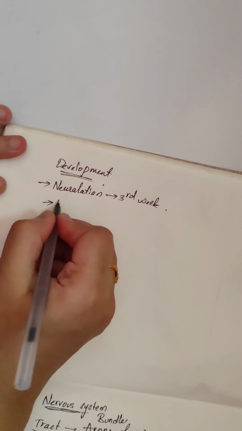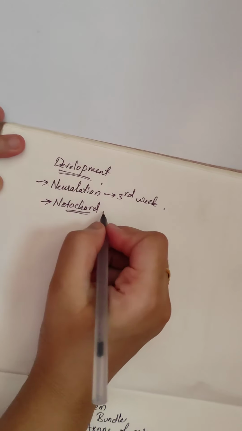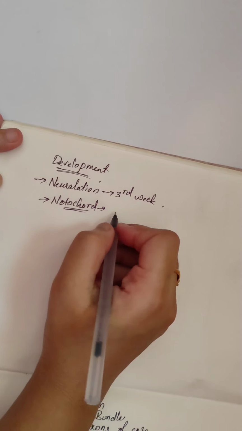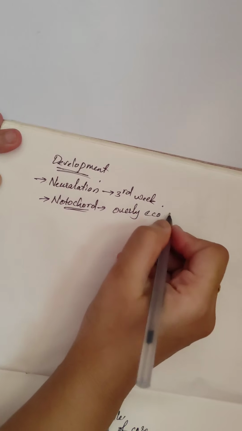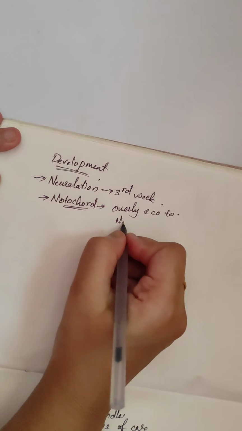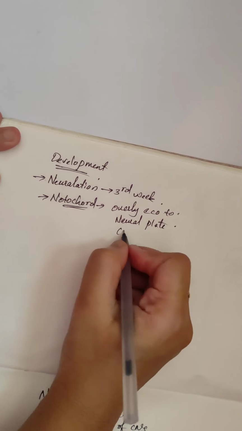And we also came across the term notochord. I'll show you the picture. What it does is induce the overlying ectoderm to form the neural plate, that is neuroectoderm.